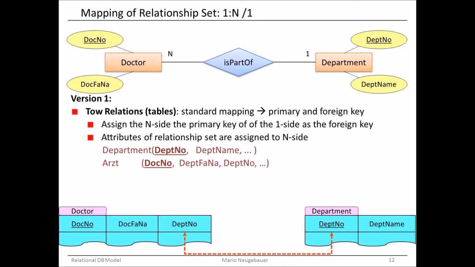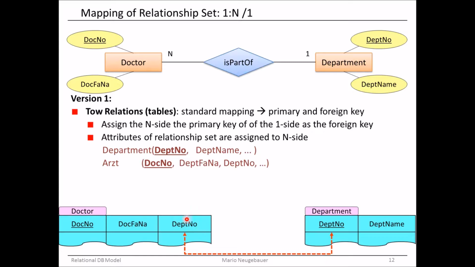And as you can see here, you have one side where you have the n and the other side where you have the 1. And the rule is just that you take the foreign key into the n side of your tables.